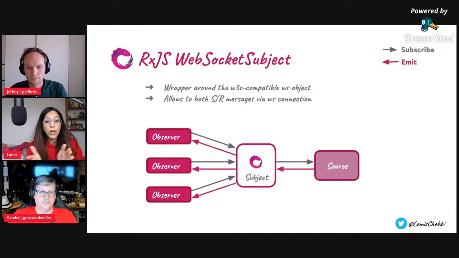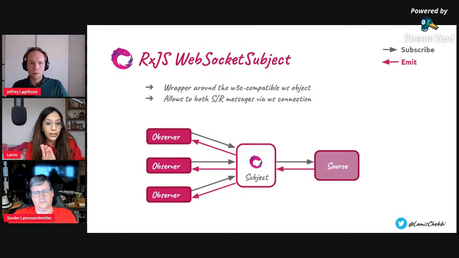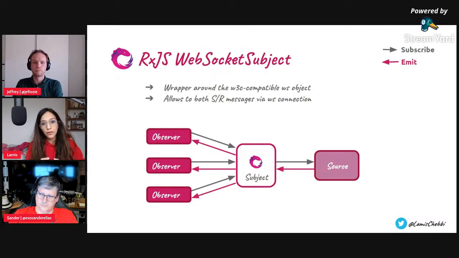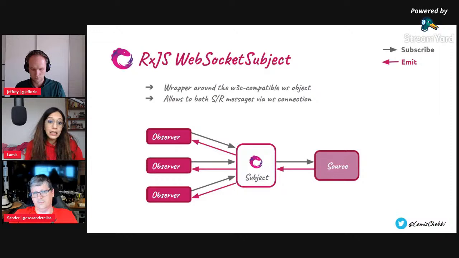The RxJS WebSocket subject is a wrapper around the W3C compatible WebSocket object already available in the browser. It allows you to both send and receive messages through the WebSocket connection, and it is nothing but a regular RxJS subject.